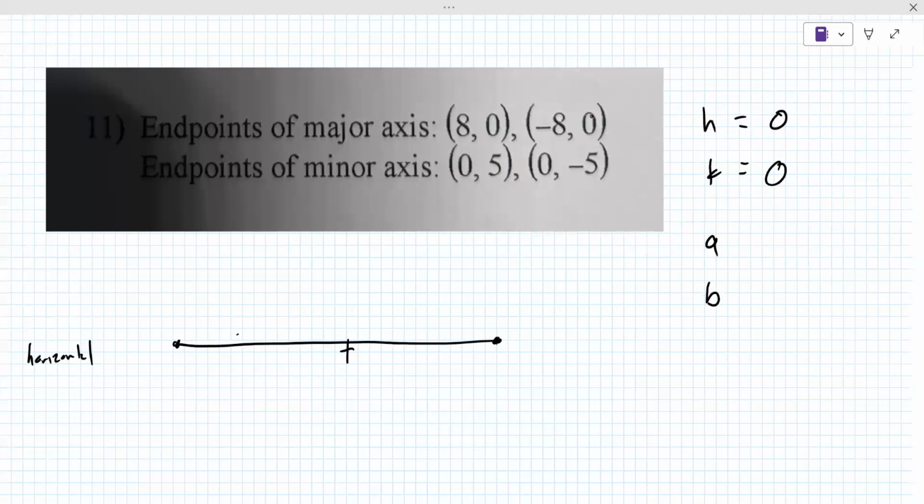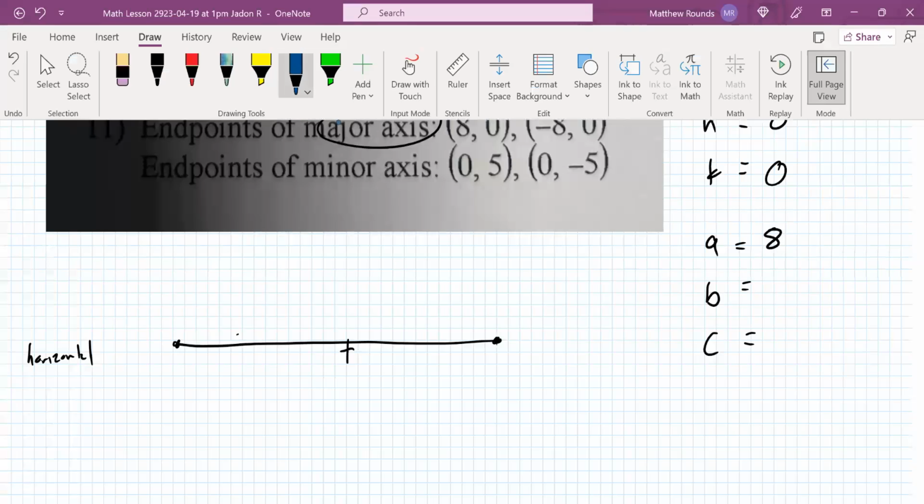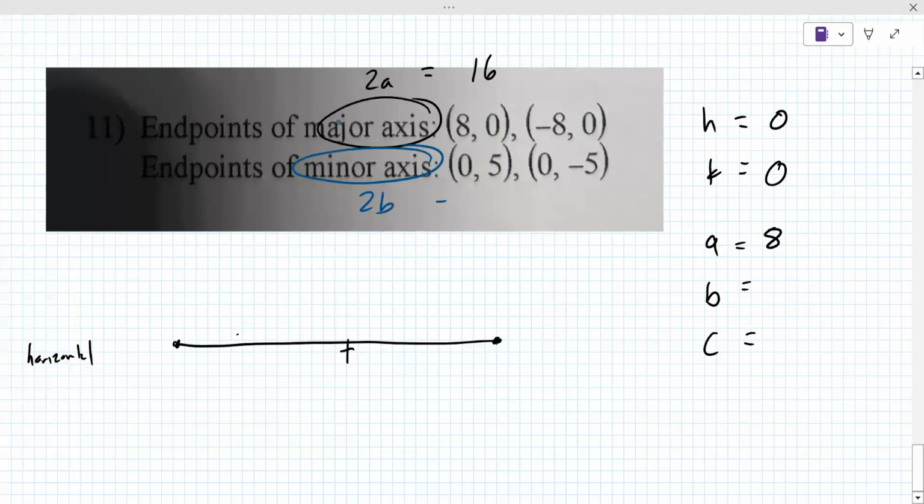Your A, B, and C come from the major axis. The length of the major axis, 2A, equals the distance between them, which is 16, so A is 8. The minor axis, 2B, is 10, so B is 5.